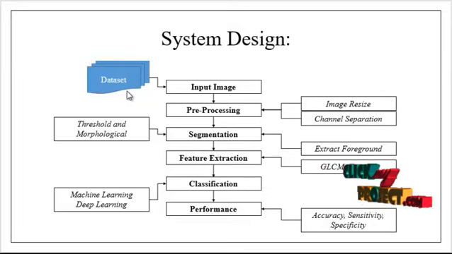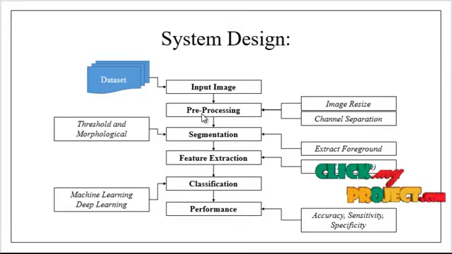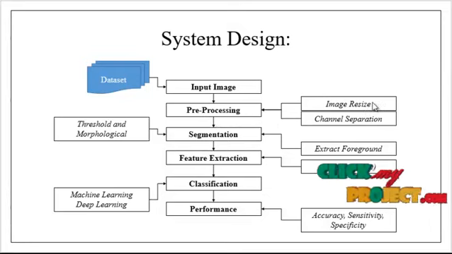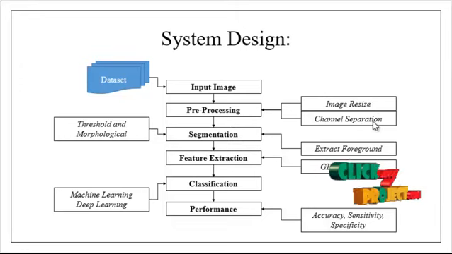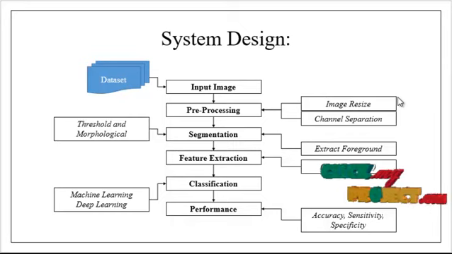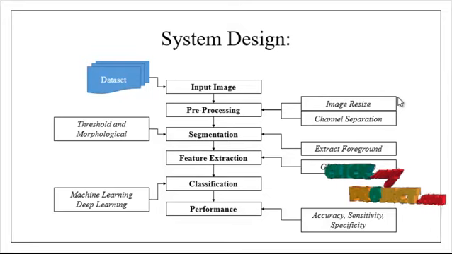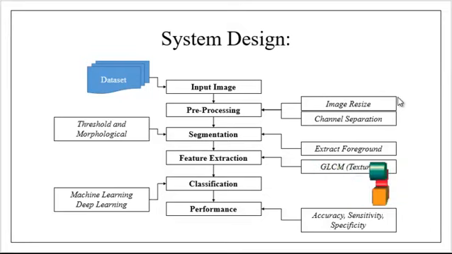After taking any one image from the dataset, the next stage of the project is pre-processing, which is carried out in two steps. One is image resize, and the other one is channel separation. In image resize, the image will be resized into 256 cross 256, which means the number of rows will be 256 and the number of columns will be 256, to maintain the aspect ratio of the images.